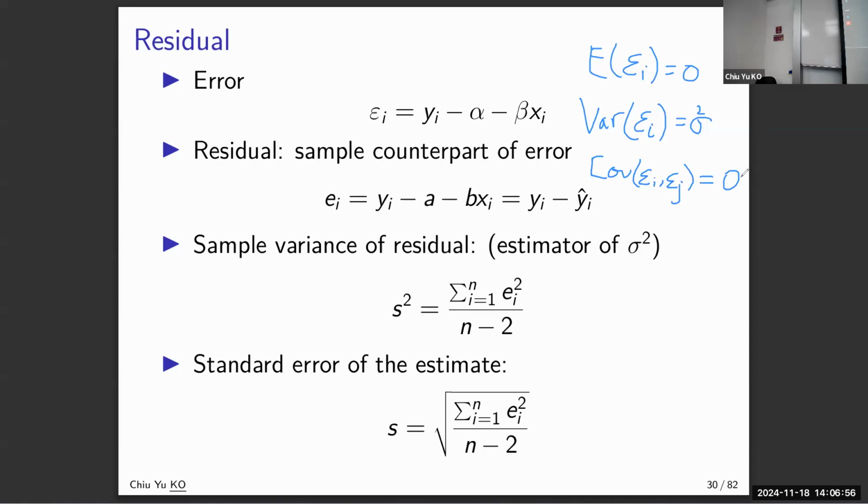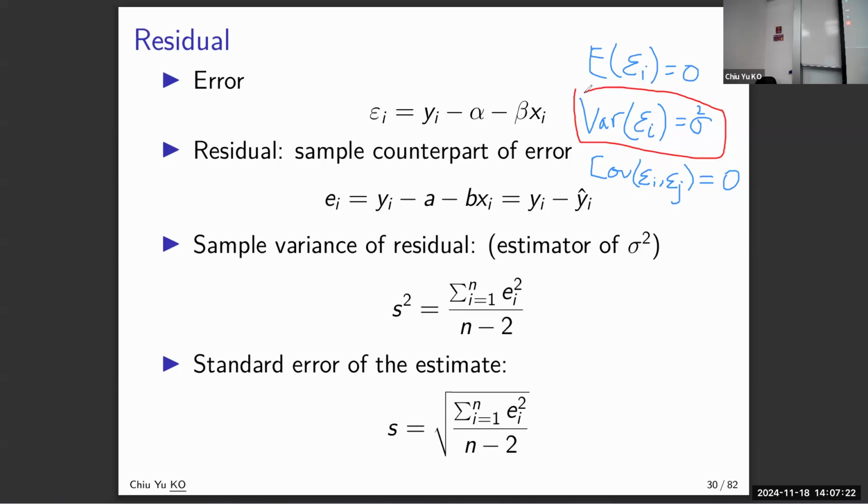So as you can see, the second point, which is this one, in this particular model, in fact, when we run regression, beside A and B, there's another parameter we make an assumption about, compared to least squares, which is sigma squared, right?